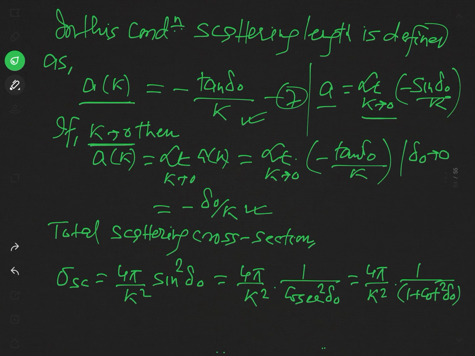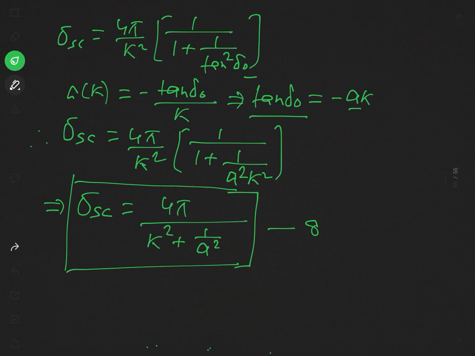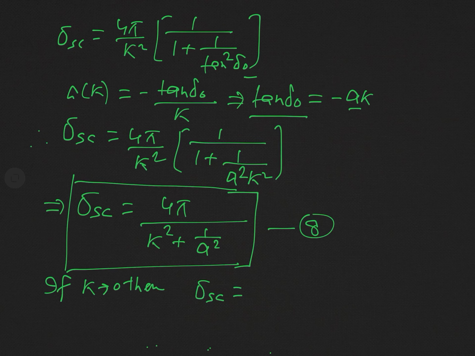Again you can check this result. In fact this will be equation number 8, and let us check this in the limiting condition when k tends to 0. So you can take, if k tends to 0, then see what will be this result.